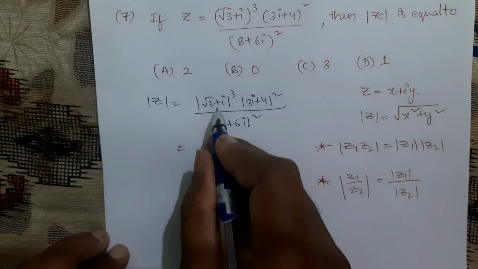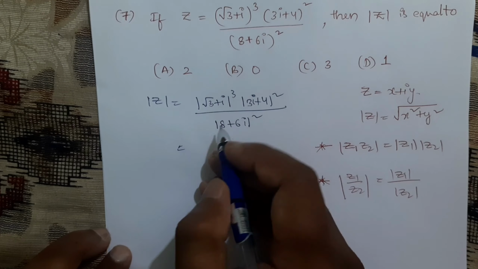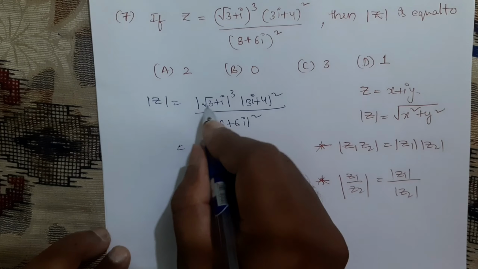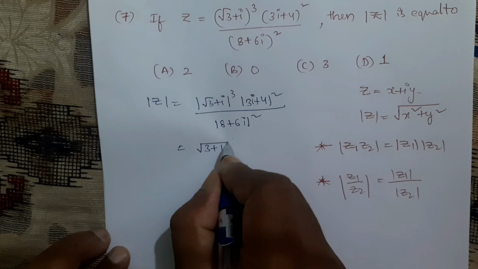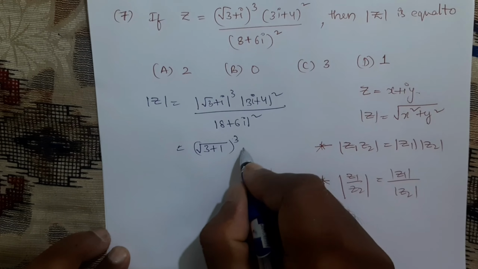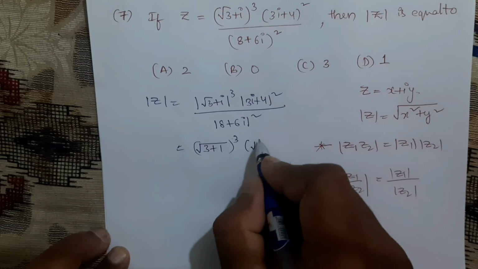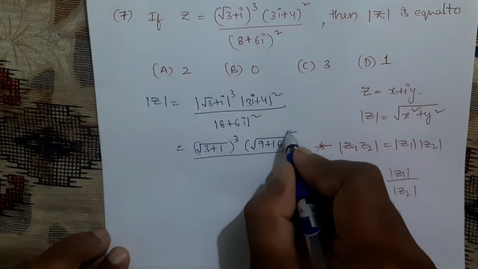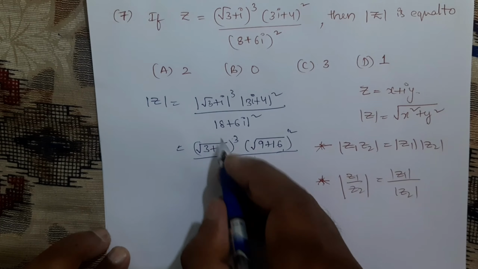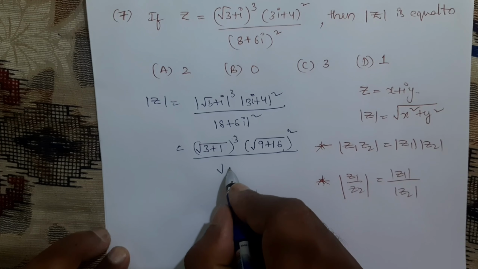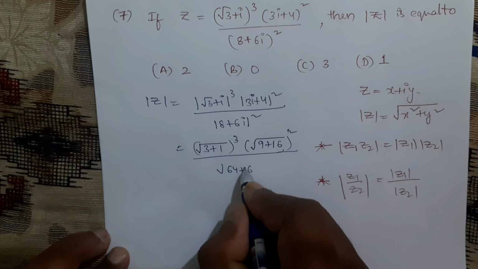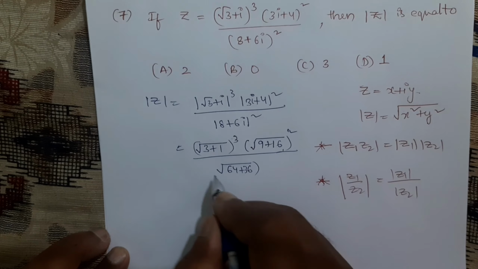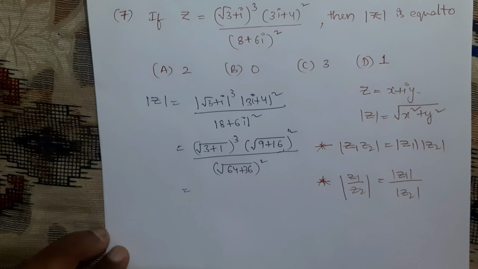You know, mod means square root of x square plus y square. So square root of root 3 whole square is 3, plus 1, whole cube, and again square root of 3 square 9 plus 16, whole square. And then next square root of 8 square, which is 64, plus 36, whole square. This we need to simplify.